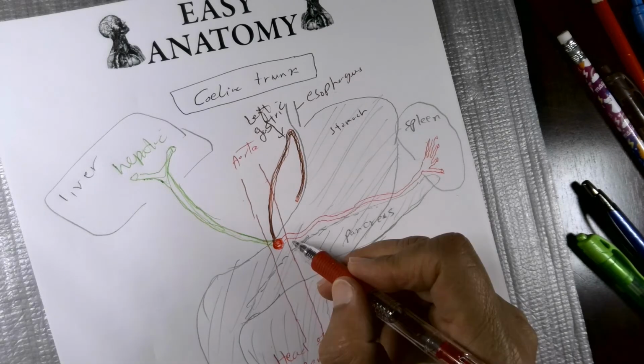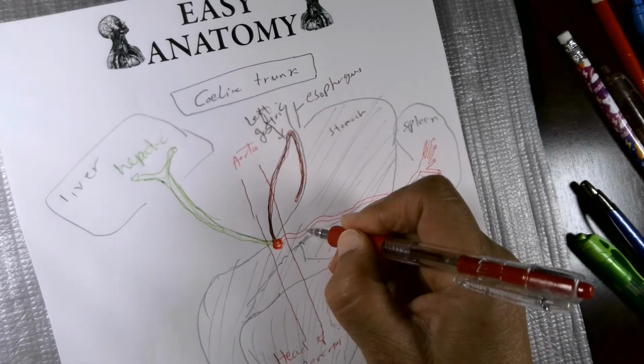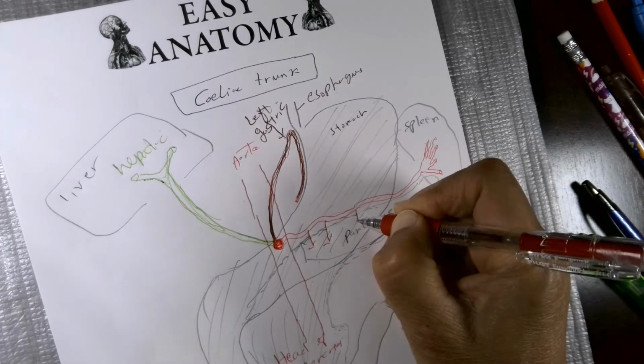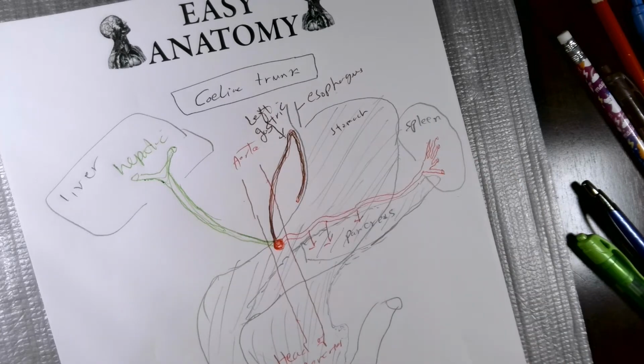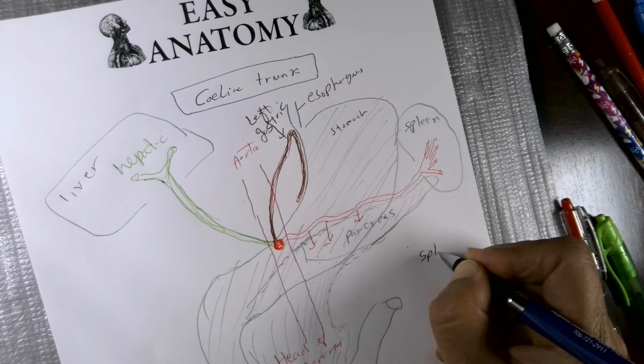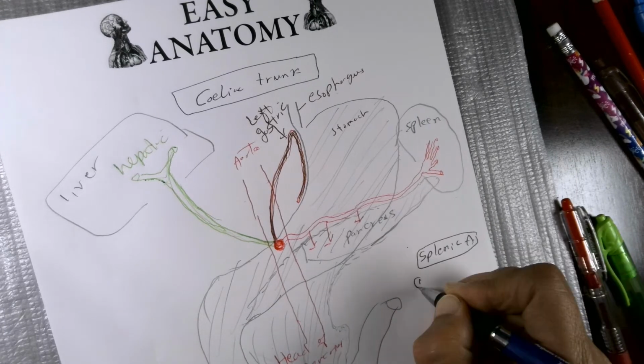So what are the branches coming from splenic? Here is one. Those are branches going to the body of the pancreas. We call them pancreatic. Here is the splenic artery. What are the branches? One, pancreatic.